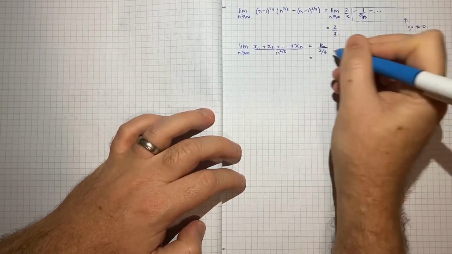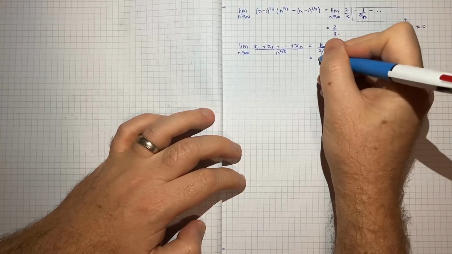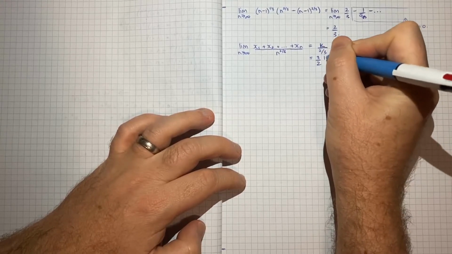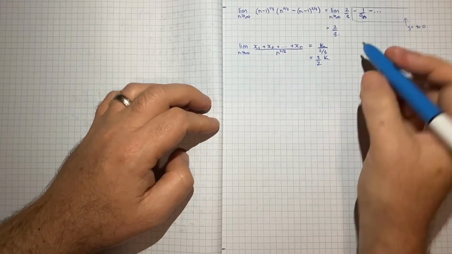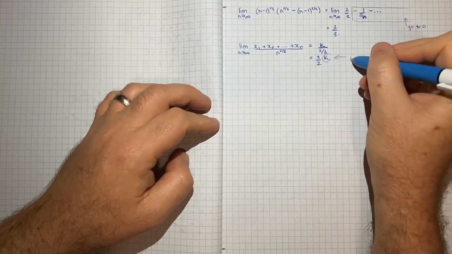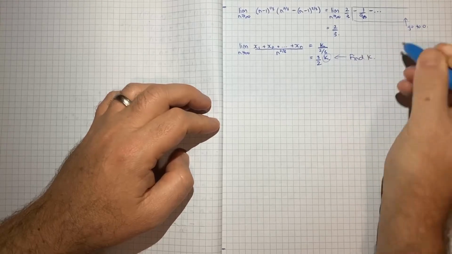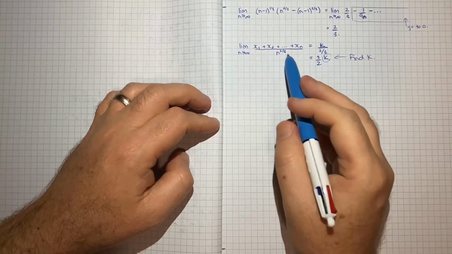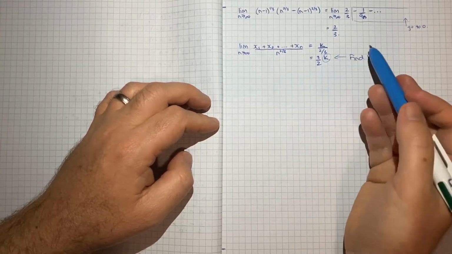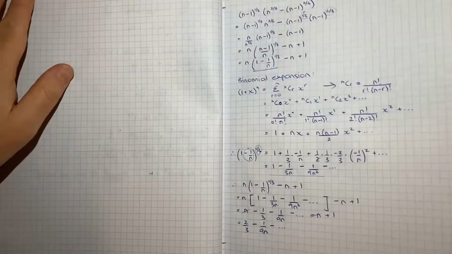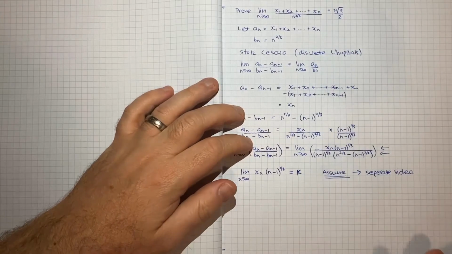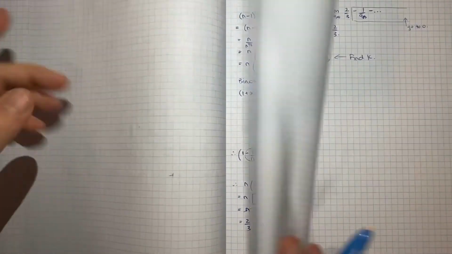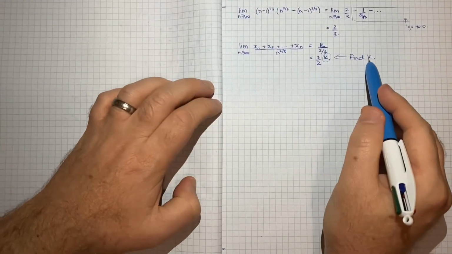So we can reverse that and get 3 on 2k. That is what we're trying to work out now. If we can find k, then we've solved this problem and we've got the limit. And hopefully k turns out to be a value that gets us to what we're ultimately trying to work to. So now what we need to do is find k.